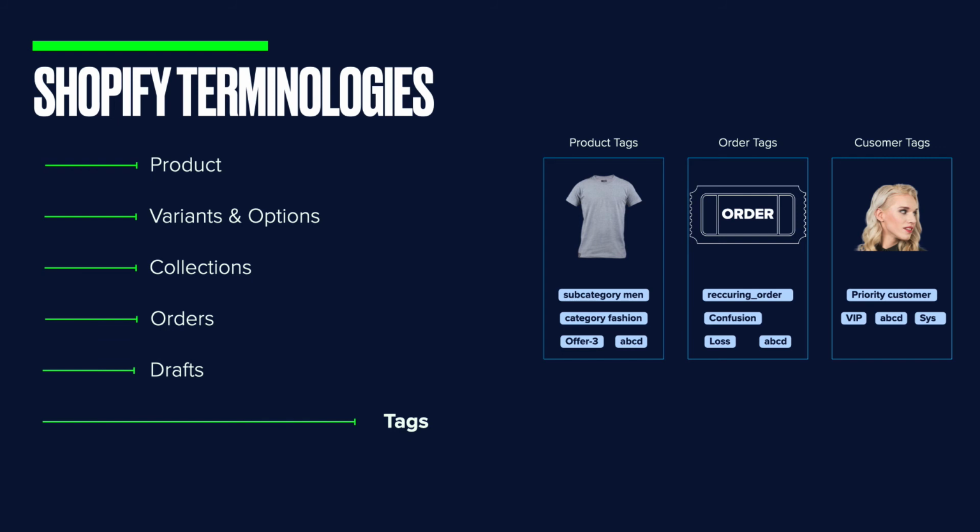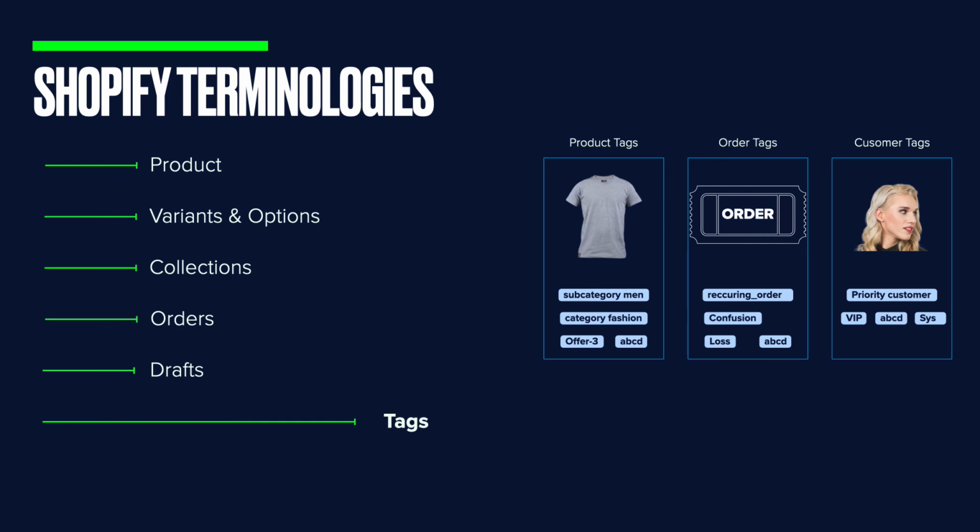Or if a product has a tag called category space fashion, that particular product should be put under a collection called fashion accessories or something. So basically tags help us to identify which product comes under which collection, or it basically helps us to classify and categorize things.